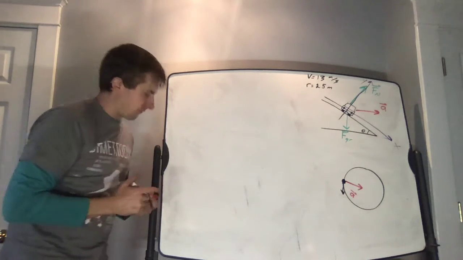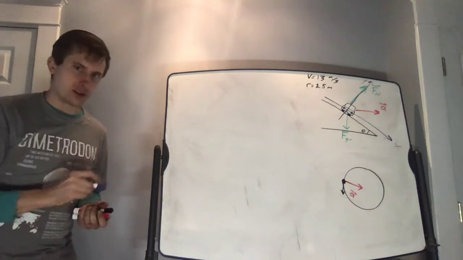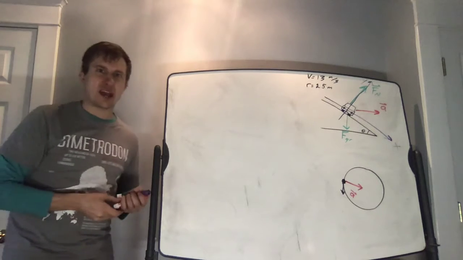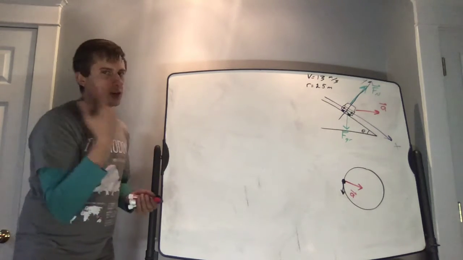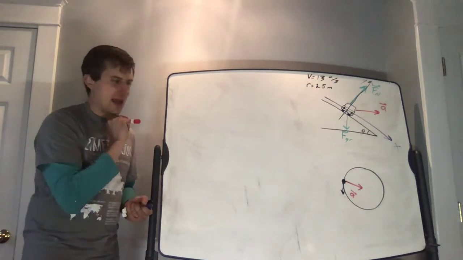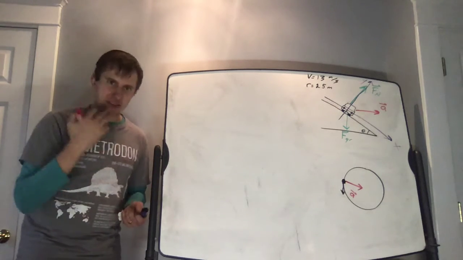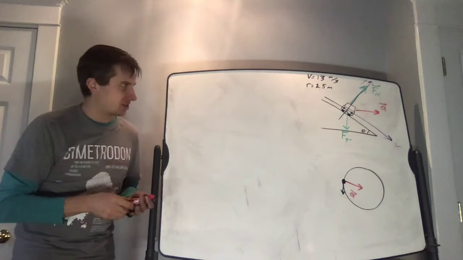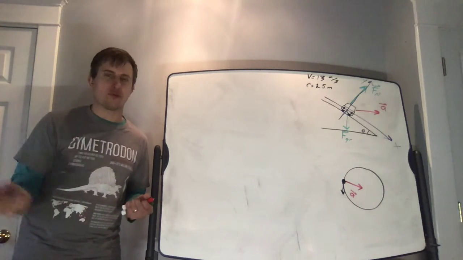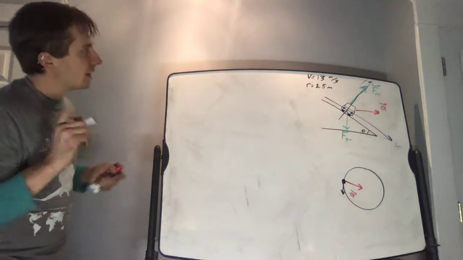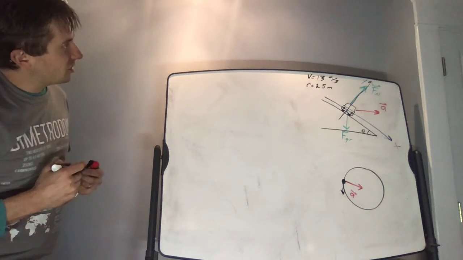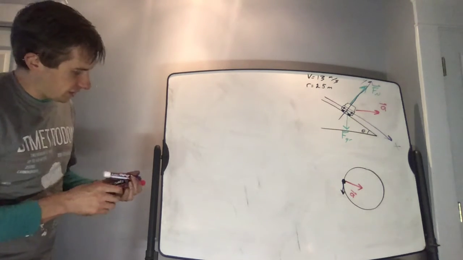I'm going to follow that rule just for consistency. But if you want practice, you could try solving this problem with x-axis pointing to the right and y-axis pointing vertically upward. At the end of the day, you will get the same results. You'll just have different components for the vectors in this problem. So let us write out the components of these vectors.